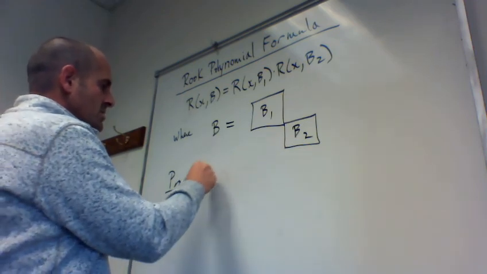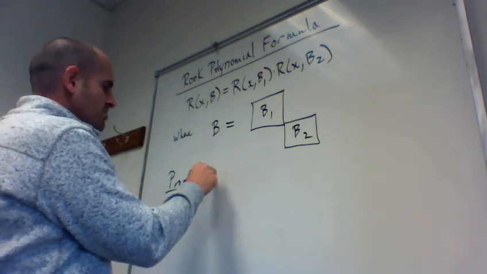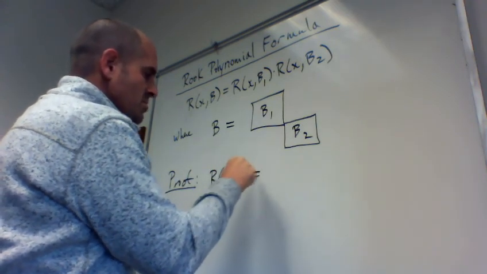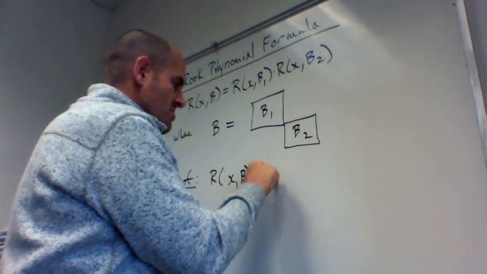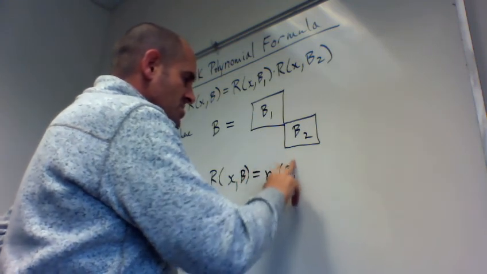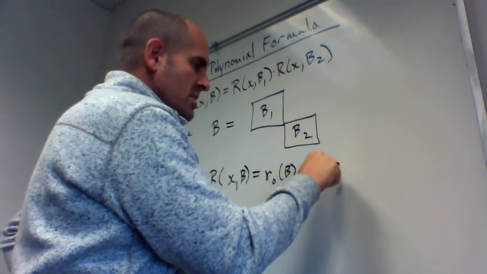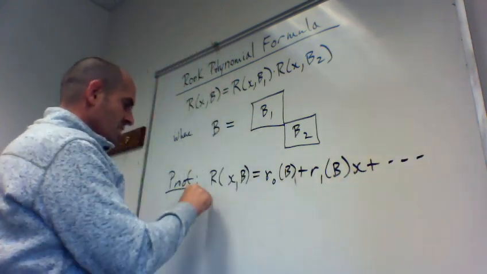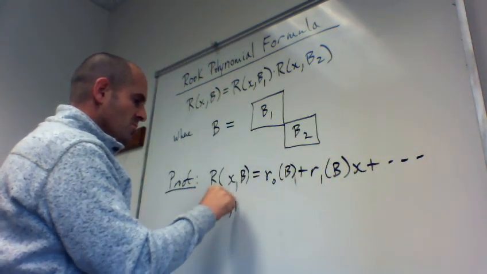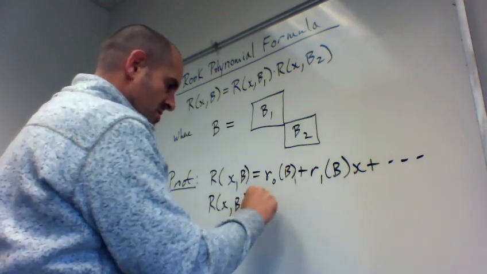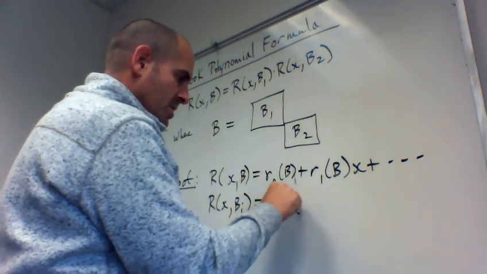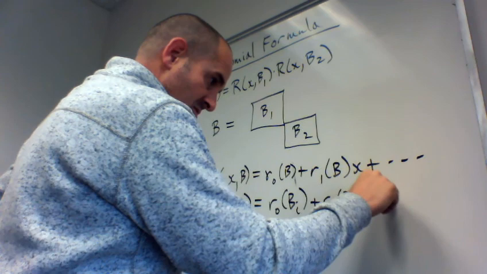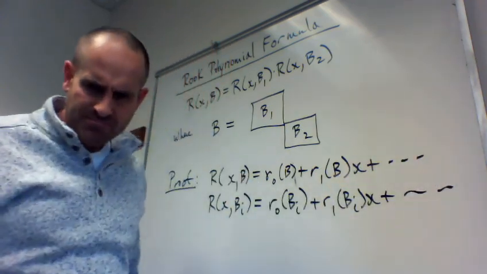Well, first of all, you know that the Rook polynomial for board B is simply given by R0 of B plus R1 of B, X, plus etc. And similarly, the Rook polynomials for the subboards are just given by R0 of BI plus R1 of BI, X, plus etc. Okay?